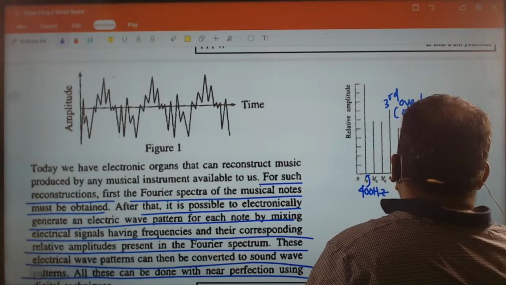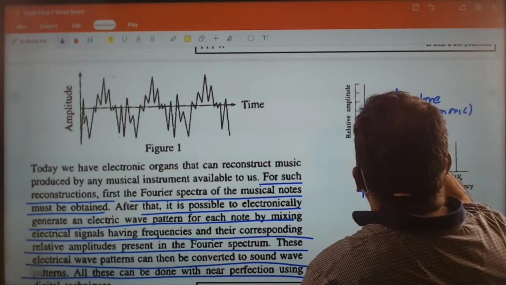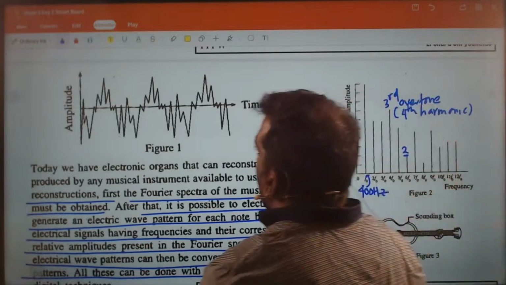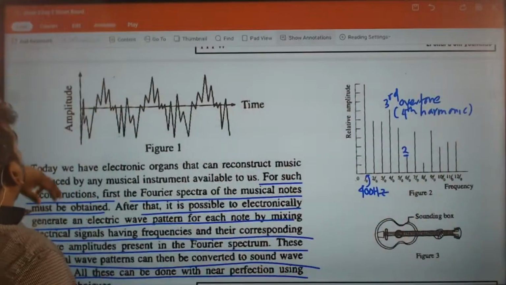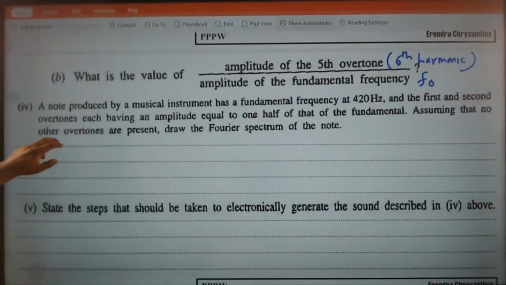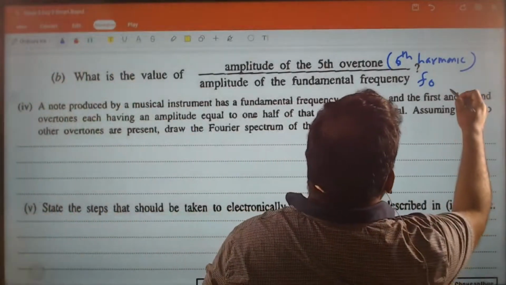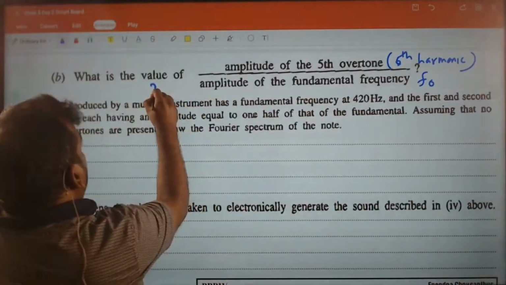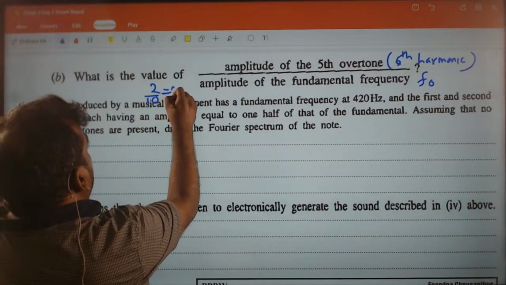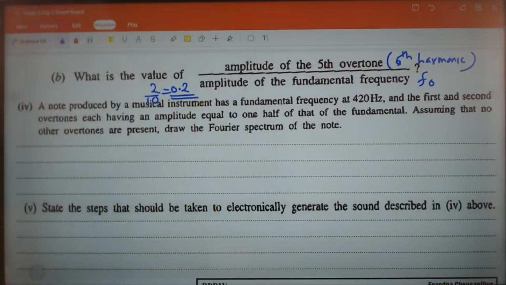Sixth harmonic is 2. Fundamental is 10. So 2 divided by 10 is 0.2.